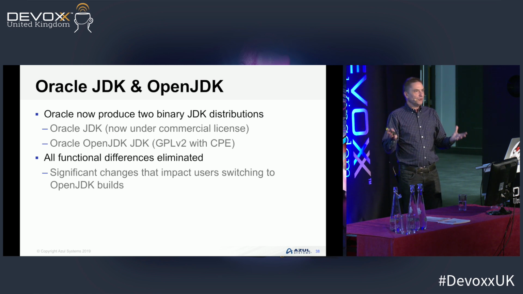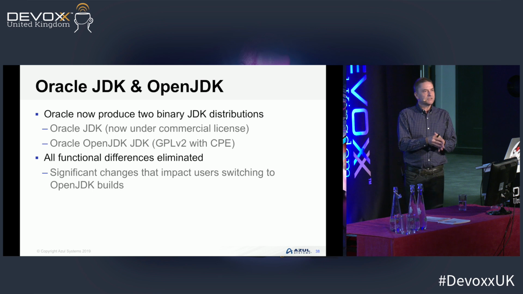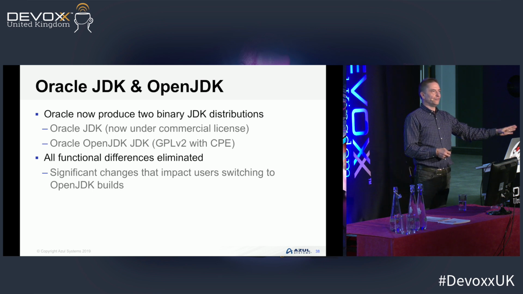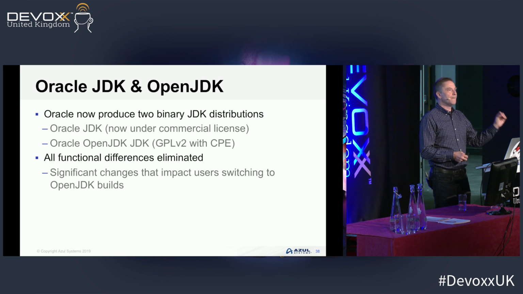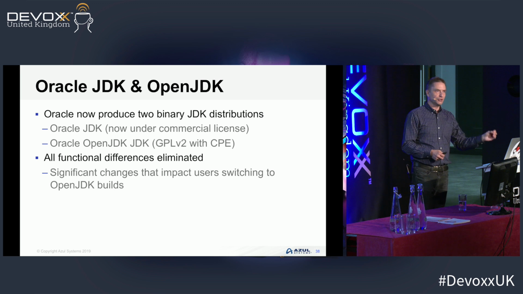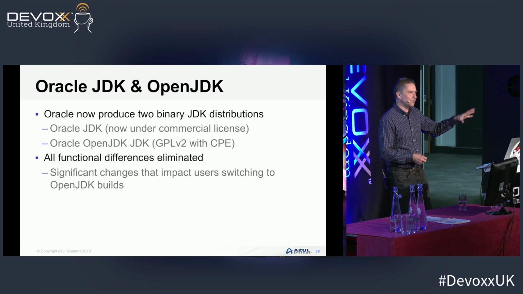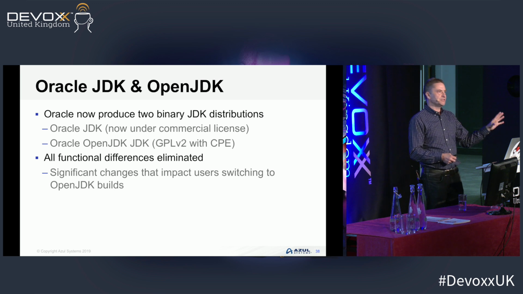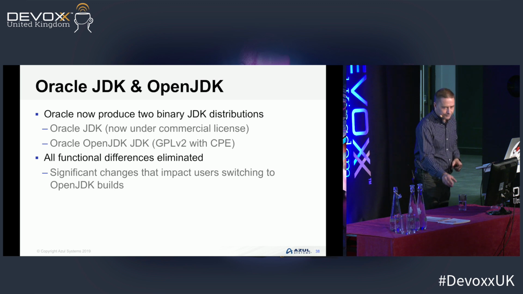So they came up with this new license, and what that license says is that you can still download the Oracle JDK for free. You can use it for free in development, you can use it for free in testing, but if you want to put it into production, and the license classifies exactly what is production, then you need a Java SE subscription from Oracle.